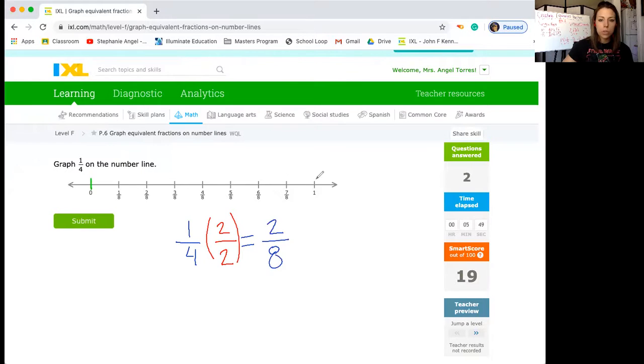From 0 to 1, I have to make 4 equal sized jumps. Well, I can't make 1/8 jumps because that would take 8 of them. So let's try taking 2/8 each time. There's 2/8, 2/8, 2/8, 2/8. Notice that each one required 2/8, and that's 1, 2, 3, 4.